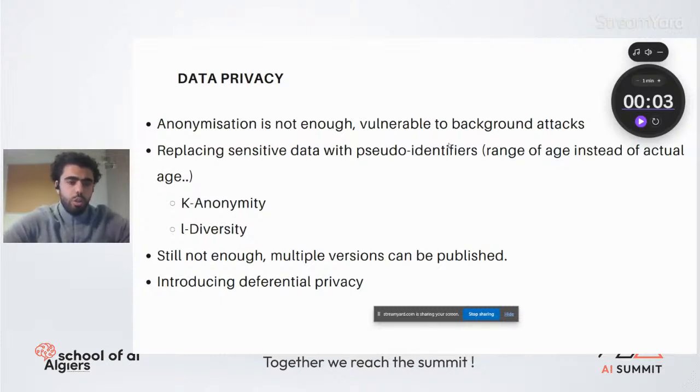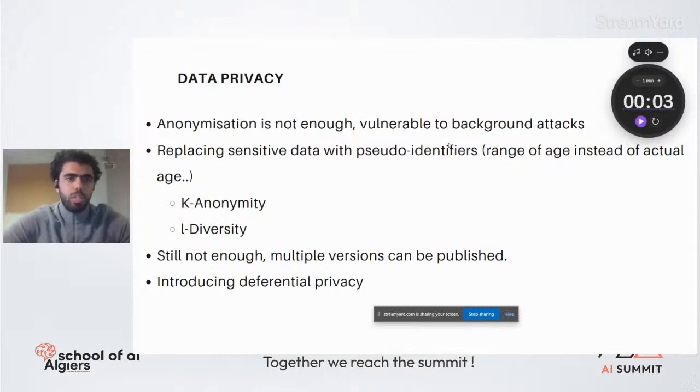Here comes the definition of L diversity. Publishing a version of data that respects L diversity means that we publish a version where groups have at least L different target or sensitive data values, like the symptoms.